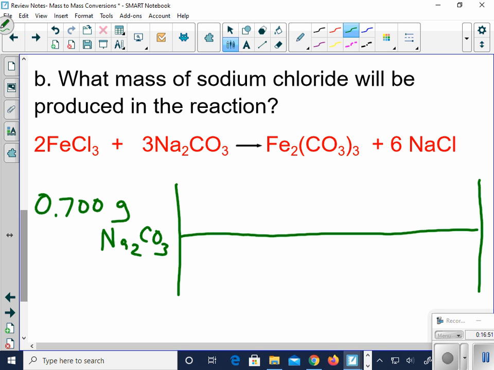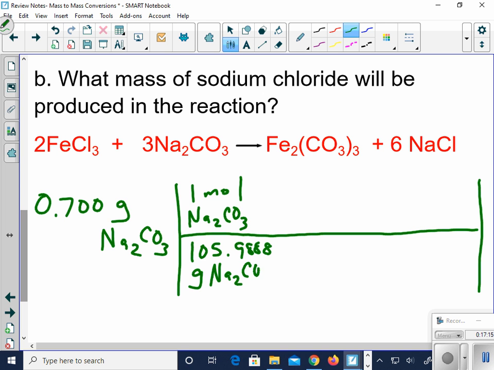This very first step is going to be the same one as what I did on the problem above. 1 mole of Na2CO3 is going to give me a mass of 105.9888 grams. So that step is the very same as it was just above.